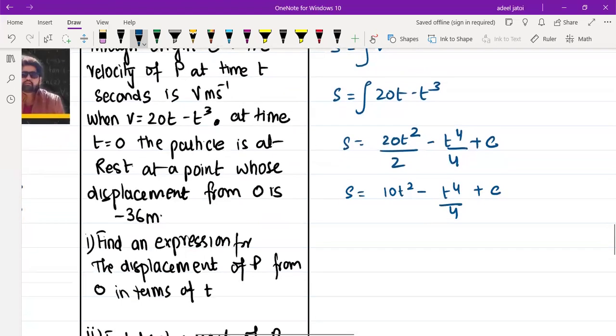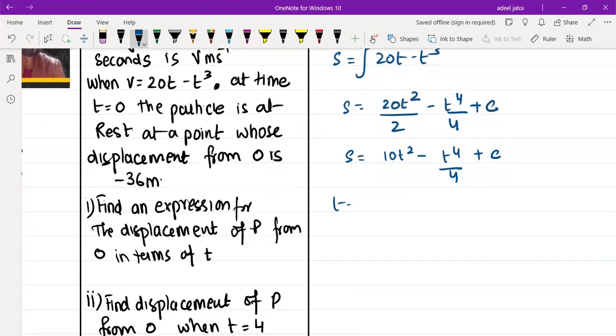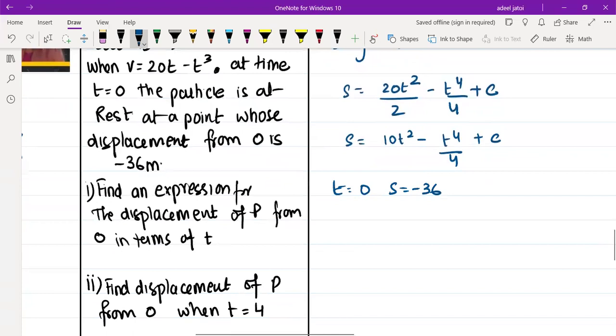Now, obviously, we need to give the answer for c as well. So t is 0 and S is equal to what? Minus 36. C is very important to put. So negative 36 is equal to 10 times 0 square minus 0 to the power 4 upon 4 plus C. So C becomes what?